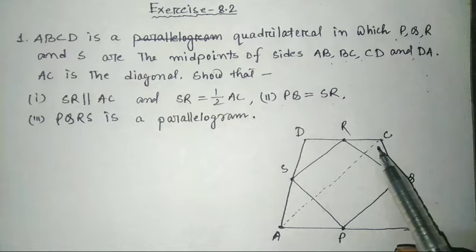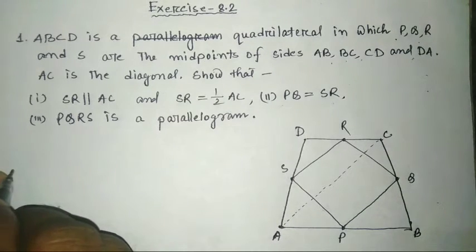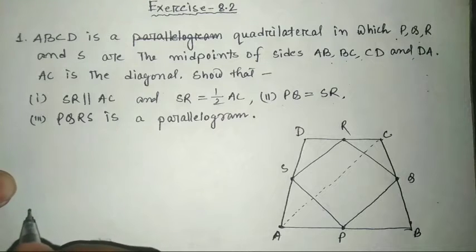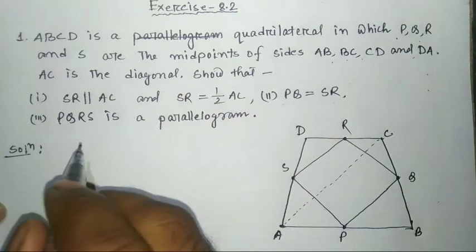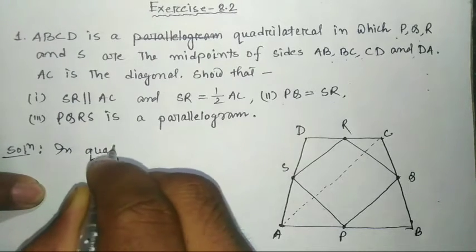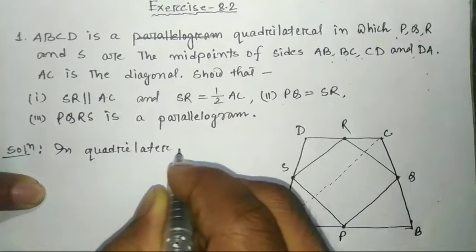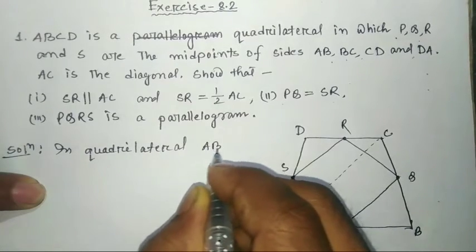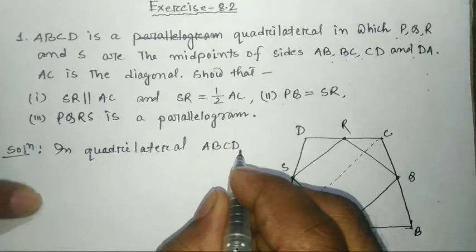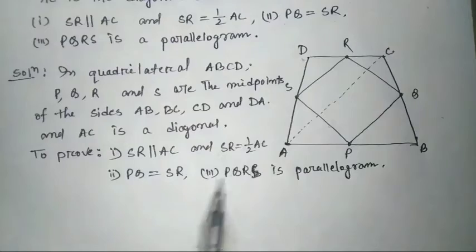So let's start it. First of all, you will write what is given in the question. So write, in quadrilateral ABCD.